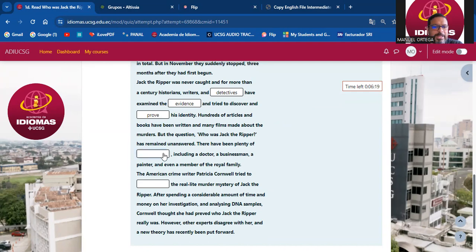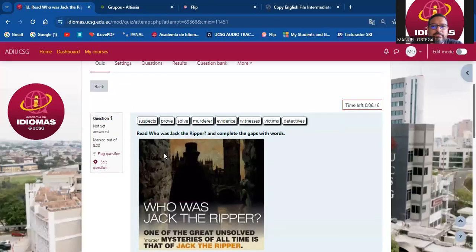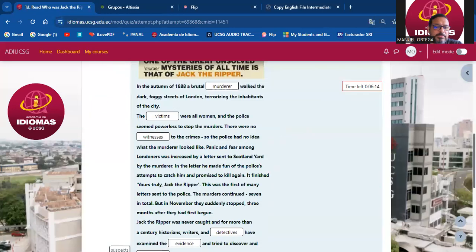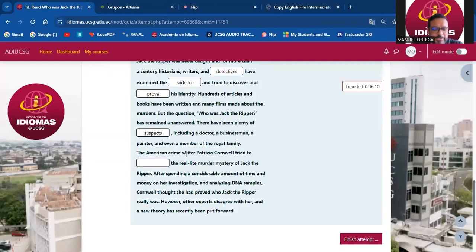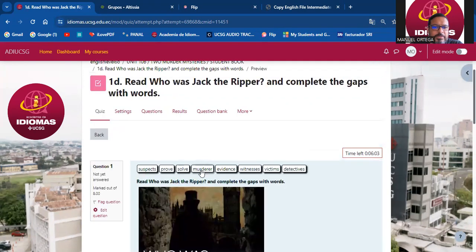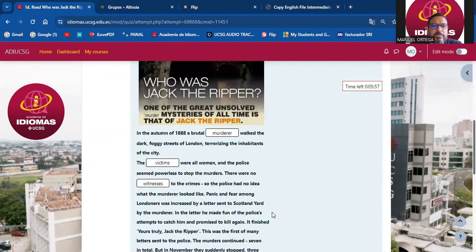And then comes the one that you mentioned. There have been plenty of suspects. So, ha habido muchos sospechosos. Yeah, plenty of suspects. And finally, the one missing, solved. There you have it.